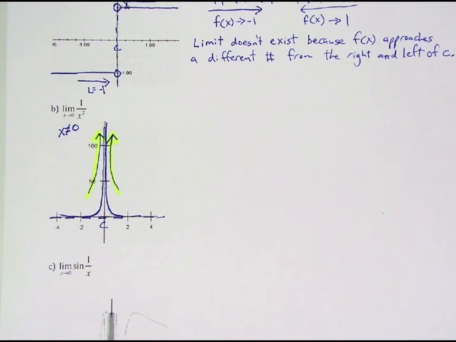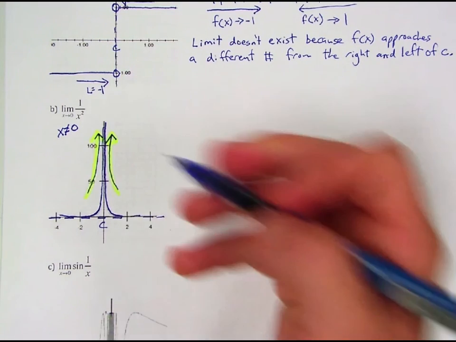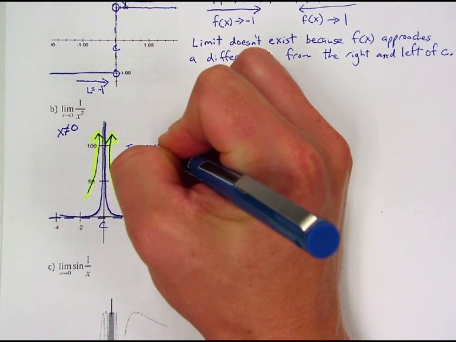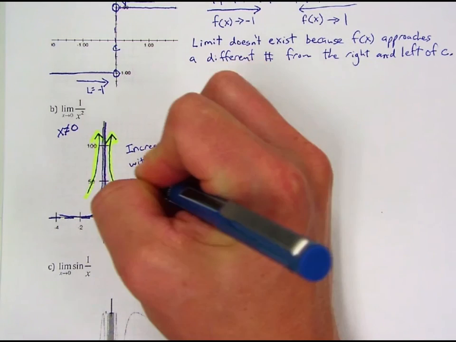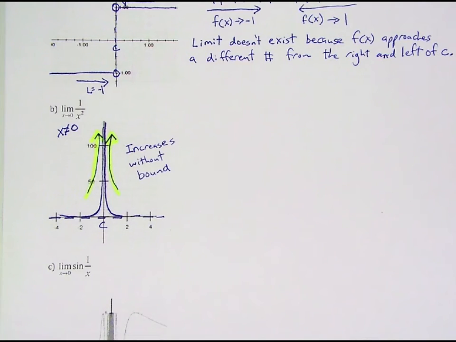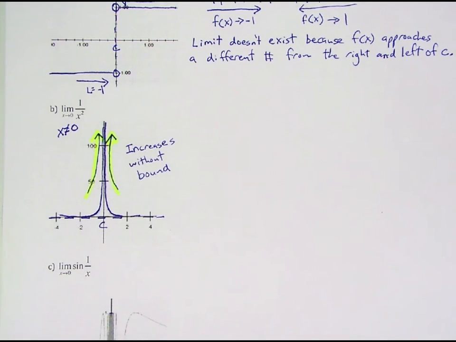Even though they're going in the same direction here, this is increasing without bound. So graphically, it looks like our limit doesn't exist.